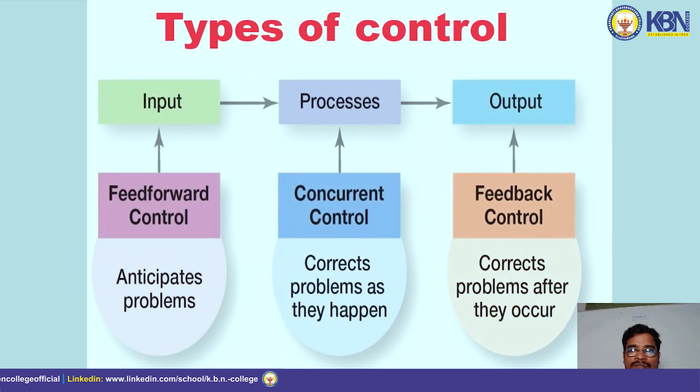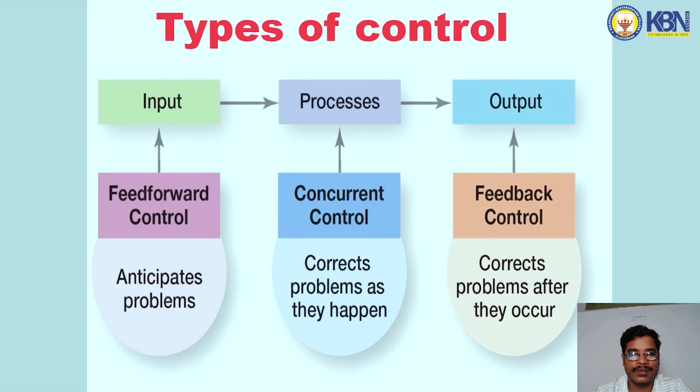And when it comes to the types of controlling, we have 3 different types: feed forward control, concurrent control, and feedback control. Feed forward control anticipates what future problems can be raised in the organizational scenario, what future deviations can be expected.